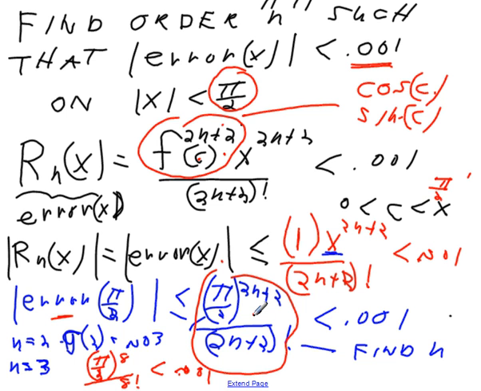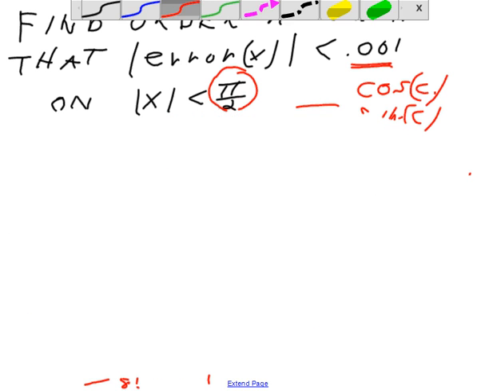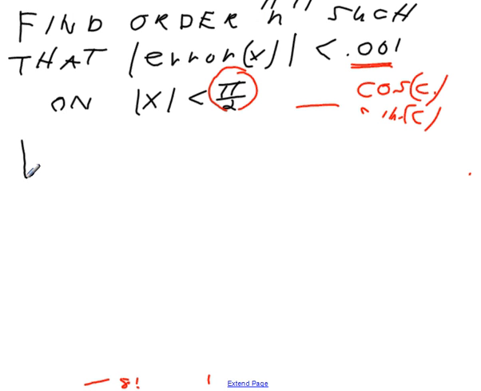N equals 3. What does that mean? Notice the next term up here is n equals 3: 6 plus 2 is 8. So the last term is the 6th order one. Let me just write that down here. What we need to satisfy our problem here is a 6th order approximation.